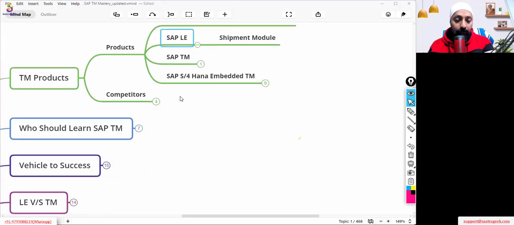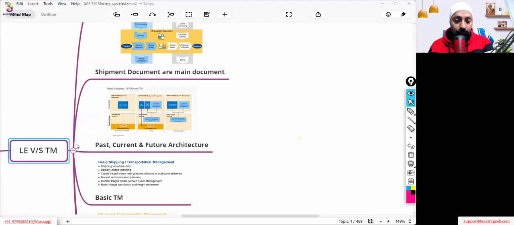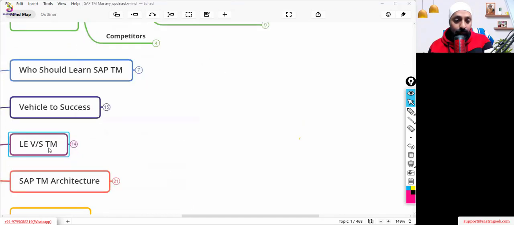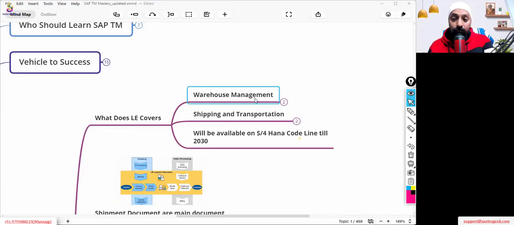We have SAP LE. LE also has a shipment solution. What does LE cover? LE is Logistics Execution, and two things come into it. WM, warehouse management, is a separate module with a separate consultant.